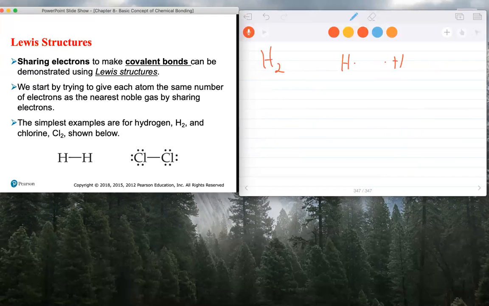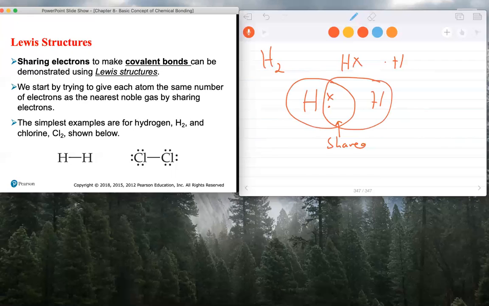Each hydrogen needs one electron to be like helium, and thus 2 electrons are shared. I can use an X and a dot, and each one of them is claiming the 2 electrons right here. These are the shared electrons, and we represent that using a line. So moving forward, a line represents shared electrons.